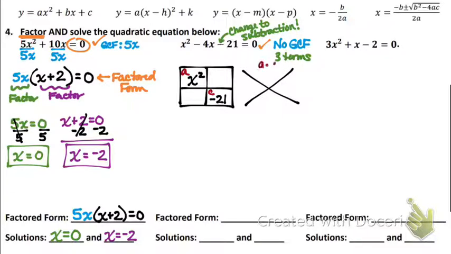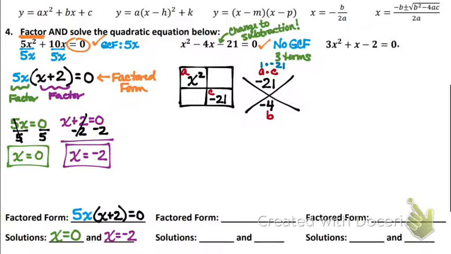I have to multiply the coefficients on a and c together. What was in front of the x squared? 1. So I'm doing 1 times negative 21. So I need two numbers that multiply together to give me negative 21, but that add to give me my b term. What is my b term?